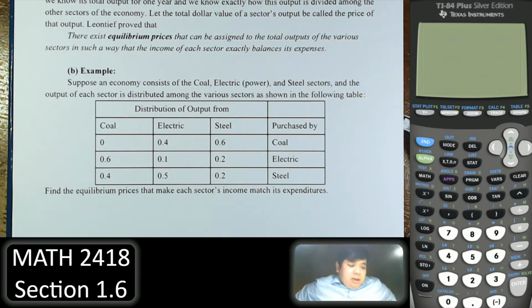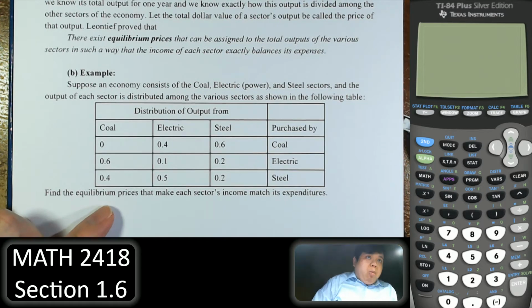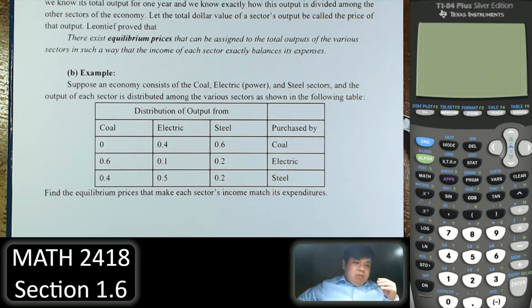And the equilibrium price is actually the total value of the production of the whole sector.